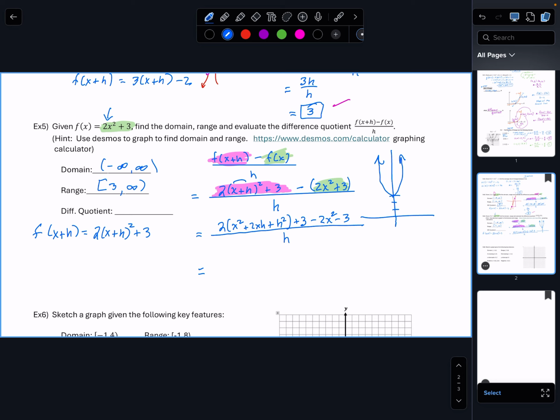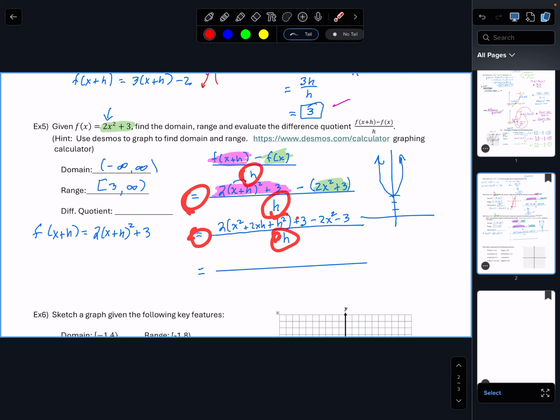Drop down with an equal, have your fraction bar centered with the equal sign. I want the h written on every step. I don't care that it is repetitive. For this to equal this, they need to be over h. Don't be lazy. All right, and then distribute your 2.